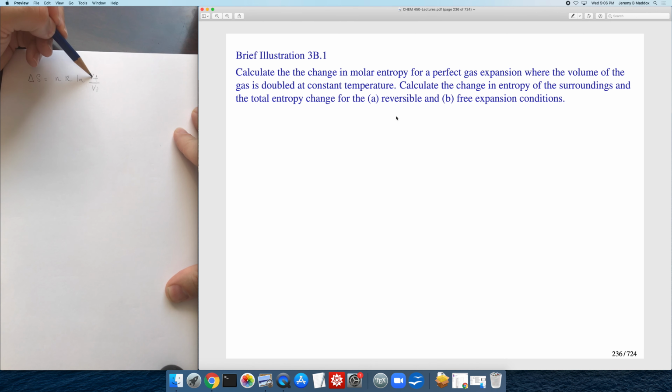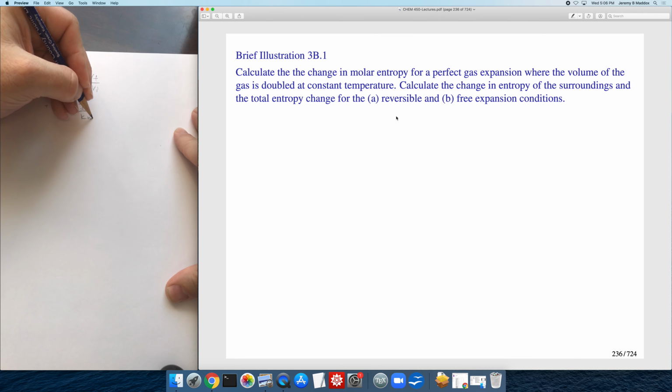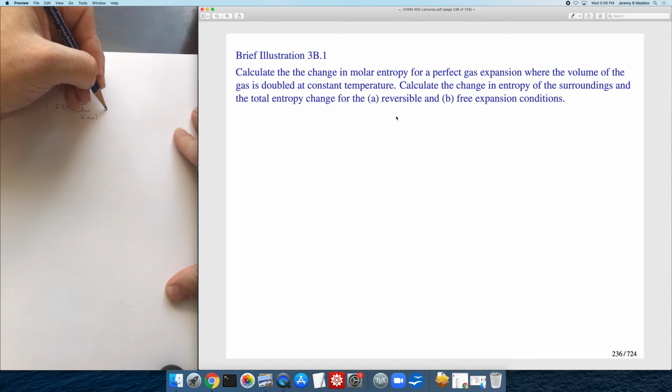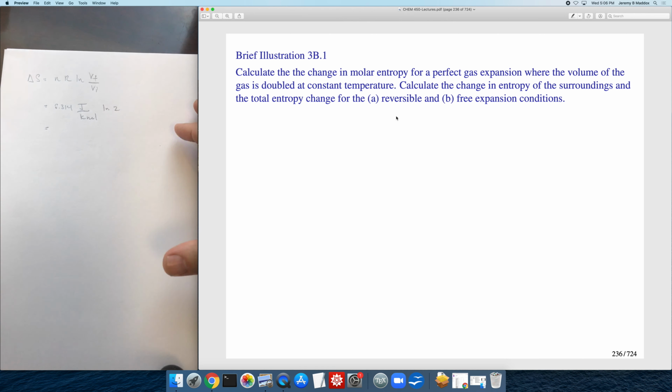In this case, the final volume is double the initial volume. This is the reversible path that we're considering, so it's already built into the formula. It's 1 mole of gas, so we're going to have 8.314 joules per Kelvin per mole, multiplied by the natural log of 2 to get the number that they want.